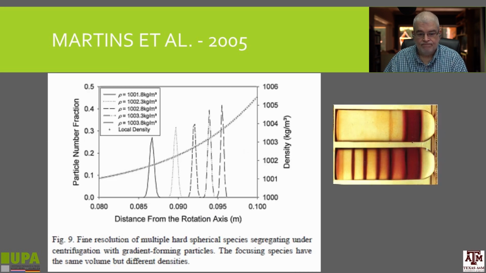And this sort of banding that occurs in experiments, here we did a simulation. This is particle numbers against distance from the rotation axis. And here is the particle number of the Percoll particles, the particles that form the gradient. And here are different particles with slightly different densities and how they would create peaks.